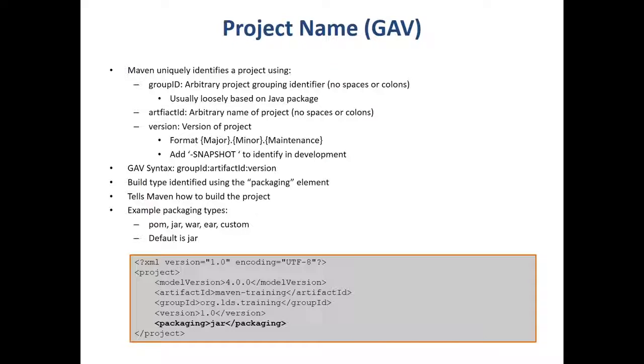It is simply a name or a string which represents the group or your company name. Then A stands for artifact ID, which is nothing but the name that you are going to give for your project. Whatever name you're giving for your Maven project, that is what you refer to as artifact ID.